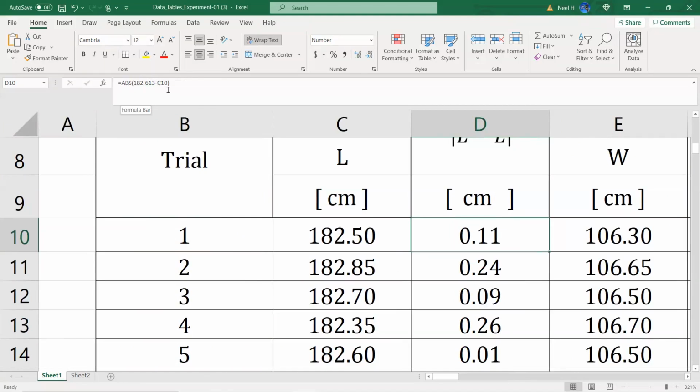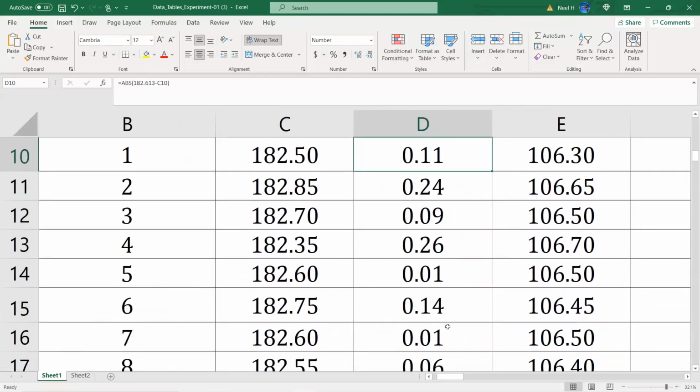Then minus each length, I click on the cell name, that is C10, I'm starting with, because then I can click and drag, and it will automatically change the cell name while keeping the average constant. Then I can easily find the values for this column. Okay, thank you.